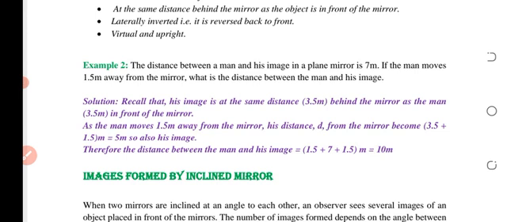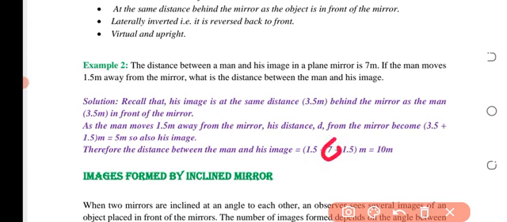Now, when the man walks 1.5 meters away from the mirror, definitely the image will do the same. It will walk 1.5 meters away from the mirror. And with this, the new distance between the man and the image can be calculated, as we can see here. That is, initially we have a distance between the man and his image as 7.